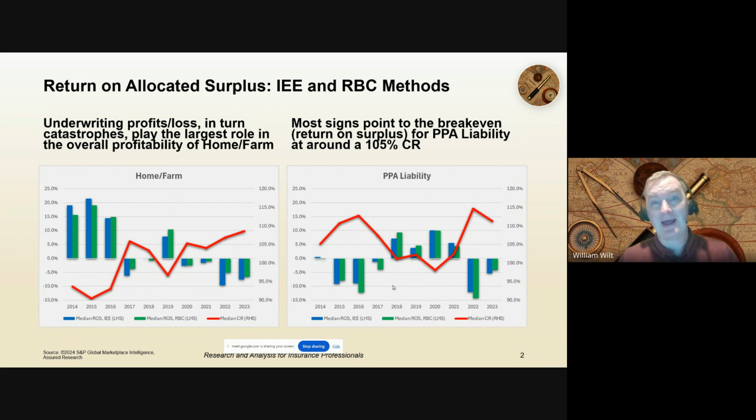Rather than an allocation of surplus, that's actually, in air quotes here, a theoretical amount of surplus or capital needed to support the risks in a line of business. And there too, you can reverse engineer what's needed to support the underwriting risks for any particular line of business.